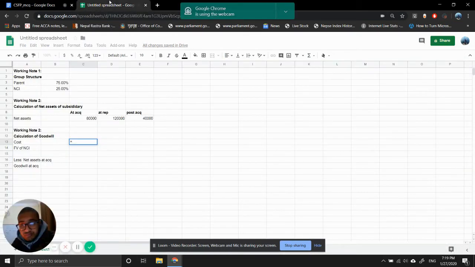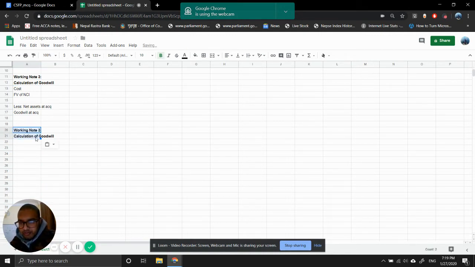So how do we solve it? We can still solve it because we don't need that value anyway. Leaving it blank, what I'll do is calculate the NCI.